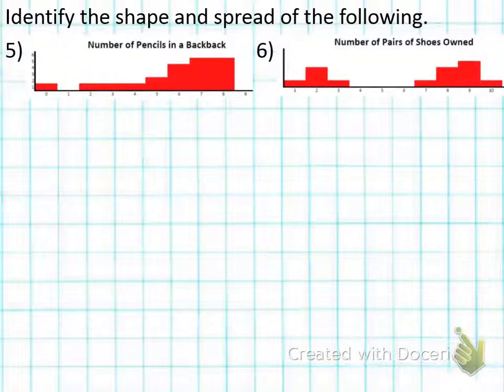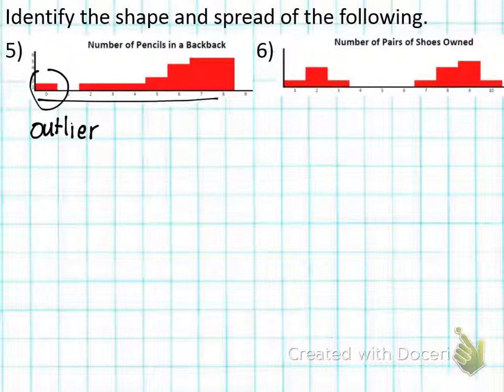Okay, on this example, we're noticing there's an outlier here, okay? So that's one thing you should have noticed. And we noticed that the spread is pretty wide. It's pretty much all the way across. The only one that there isn't one, there's a gap here at 1, right? So it's a wide spread.